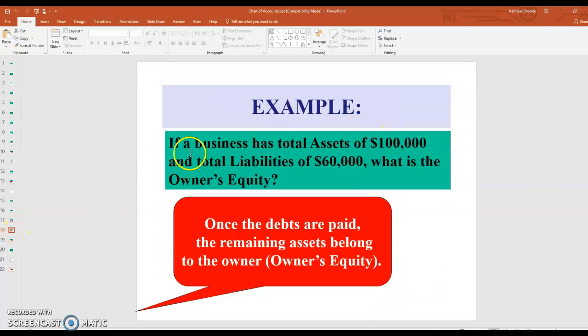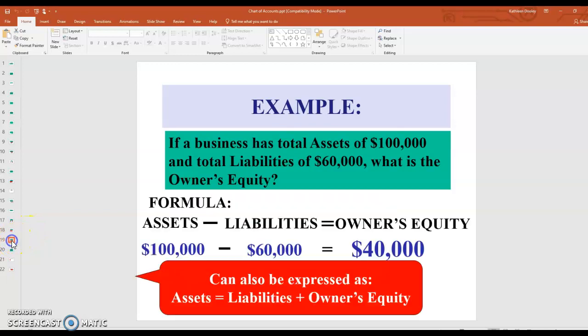Here's an example. If the business has total assets of $100,000, total liabilities of $60,000, what is the owner's equity? Once the debts are paid, that's the liabilities, are the debts, okay? The remaining assets that's left over, that don't have to go to pay the debts, belong to the owners, which is called the owner's equity.